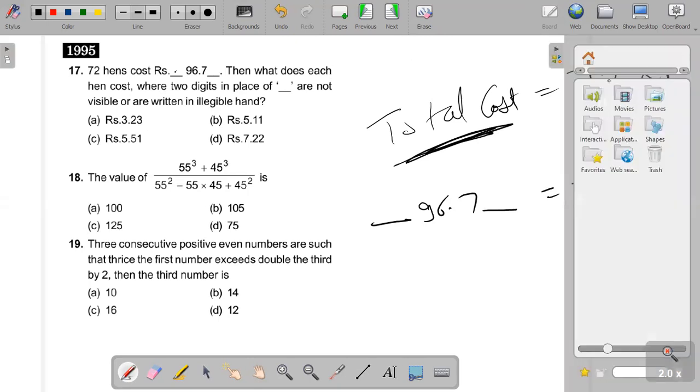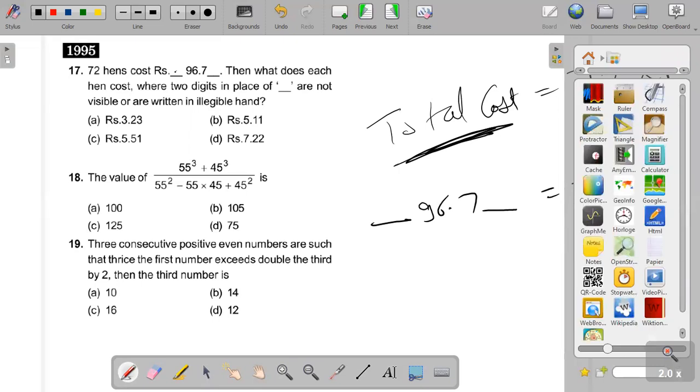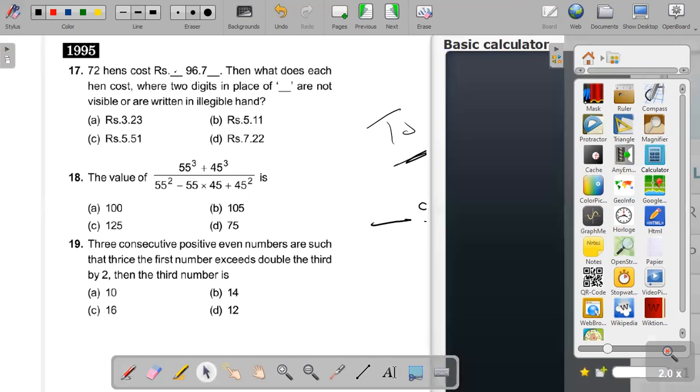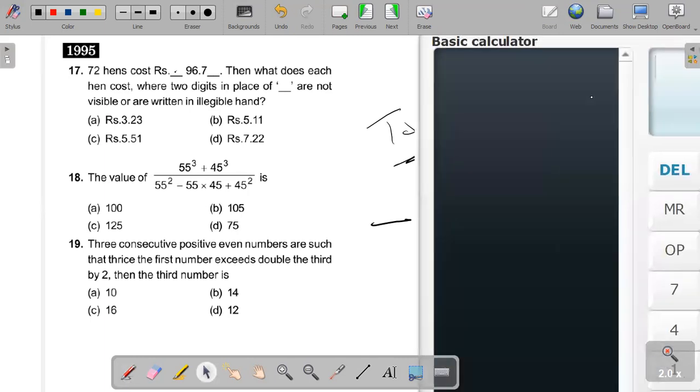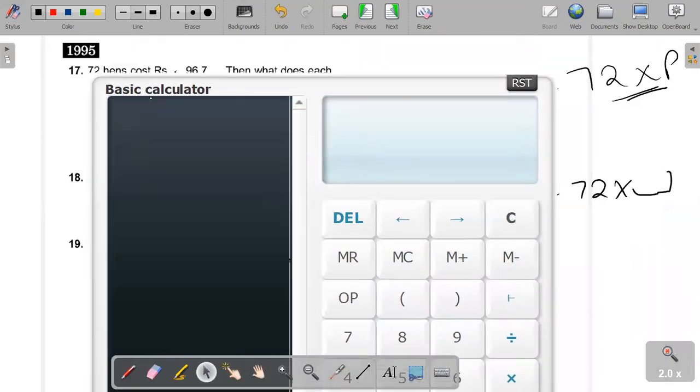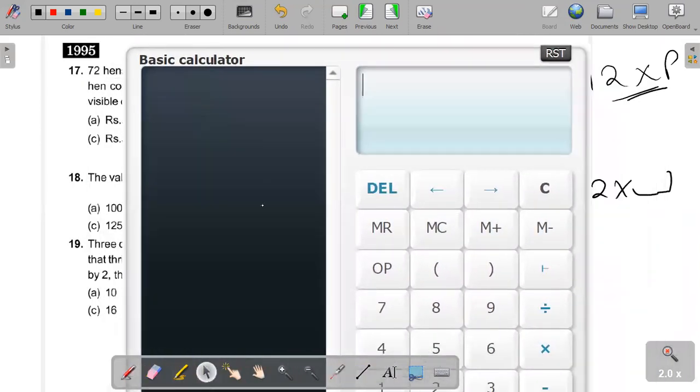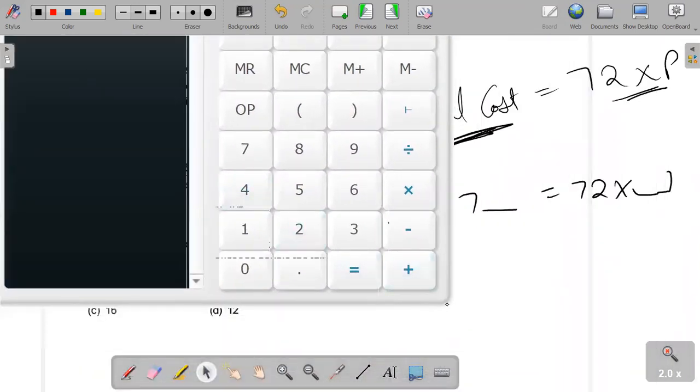Do I have a calculator here? I have to check. Yeah, I do have. Okay, it is there, है ना. So basically I want to show you how to do such questions.